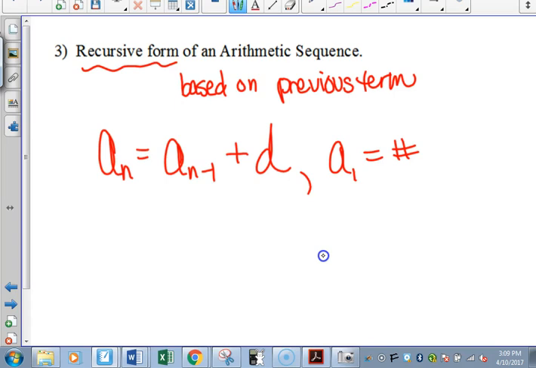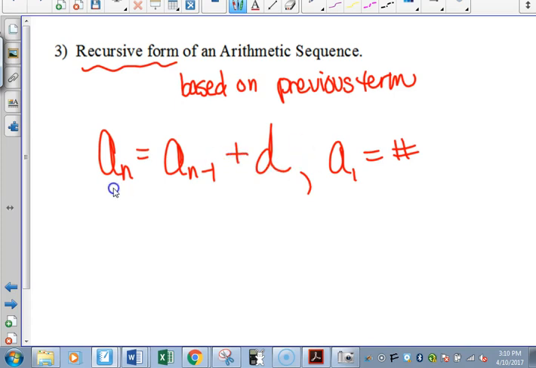I will give you the general form of an explicit equation. On the bottom of the quiz, it will say for arithmetic, a sub n equals a sub 1 plus d parenthesis n minus 1. I'm not going to give you this for recursive because you need to understand that to get from one term to the next, all you're doing is adding d, and you have to tell me where it's starting. Okay?